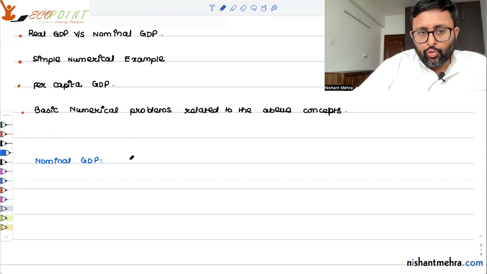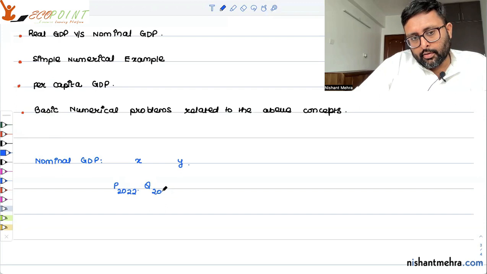So for example, there are two goods which are produced, X and Y, and the price of good X in, let's say, 2022 is this, and the quantity is Q of 2022. Price of good Y is, you can just write X here, Y here.